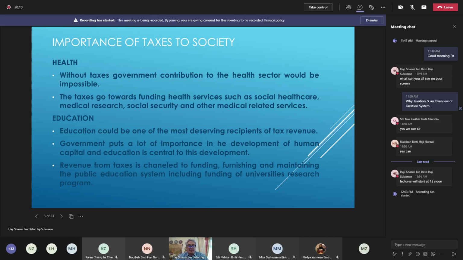So for example, Bill Gates gives a lot in terms of research and development on polio, malaria, trying to eradicate famine and everything else around the world. Yeah. So health and education is an important recipient of government budget.